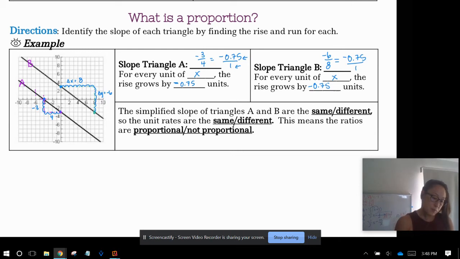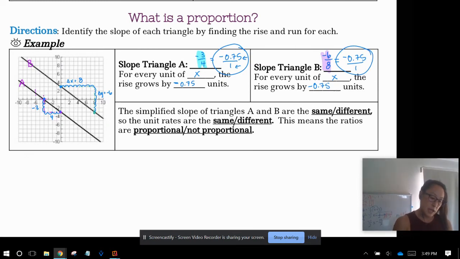All right, next part. So are these two slopes proportional? Proportional, remember, means that the slopes are equal, or the ratios are equal. So even though I used different numbers to set up my slope triangles A and B, they reduce down to the same value, negative 0.75.